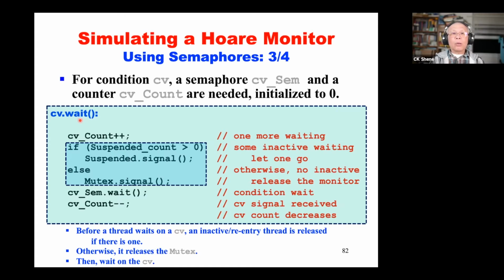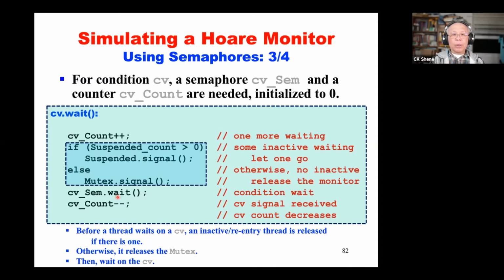As a result, the caller to CV.wait must have the baton. That is the mutex. Therefore, after adding 1 to the condition variable count and checking to see if we have some inactive thread there, we release one. And the released one gets a baton that represents the mutex. And if there are no inactive threads, then this caller releases the mutex and immediately waits on the semaphore.